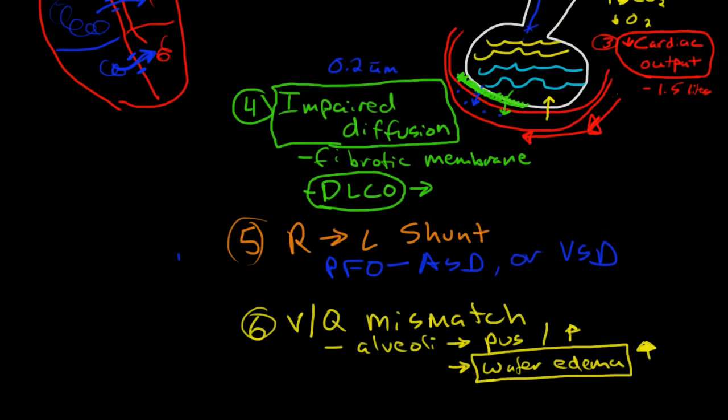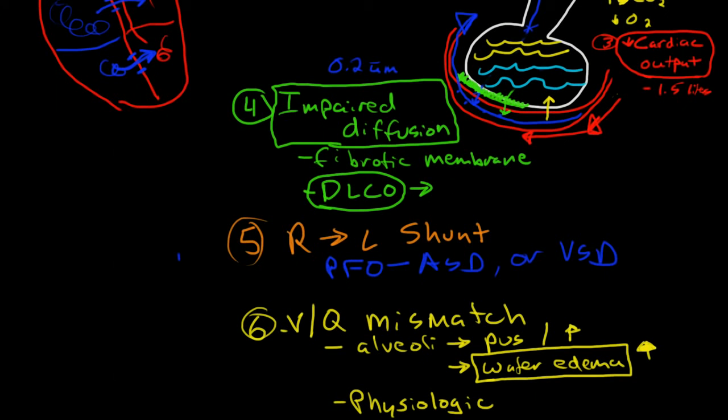So this is called a VQ mismatch. It is sometimes called a physiologic shunt, and it just means that we are perfusing a number of unoxygenated alveoli, so the blood is returning to the heart unoxygenated from parts of the lung.